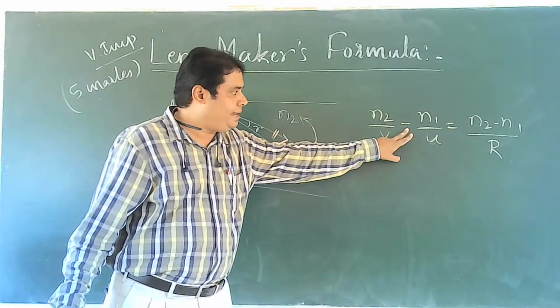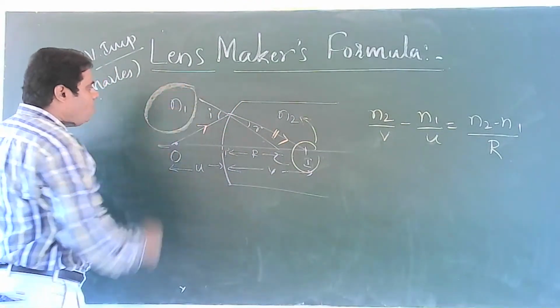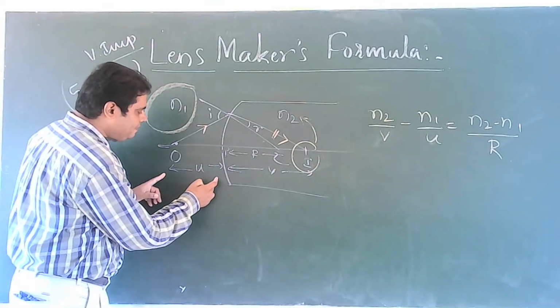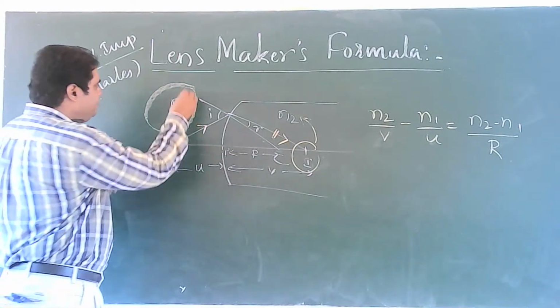by image distance, minus n1, the refractive index of object space, meaning where the object is present, divided by what? Object distance.